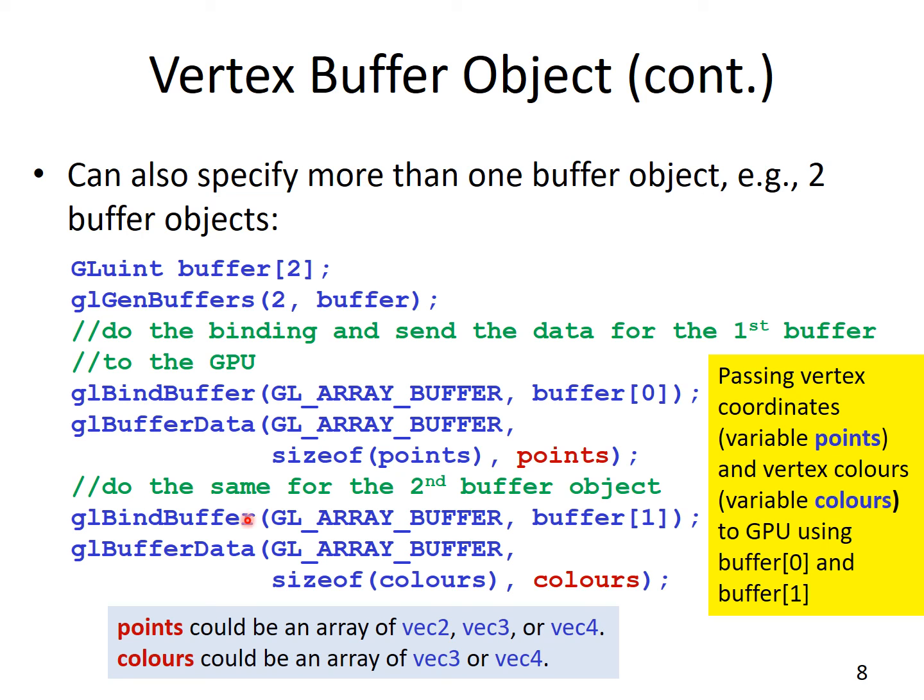And next we bind the second buffer, which is buffer[1] at index location 1, which is the second buffer, and then we transfer the data in that buffer, which is the colors, using glBufferData. The points could be an array of vec2, vec3, or vec4. Similarly, colors could be an array of vec3 or vec4.